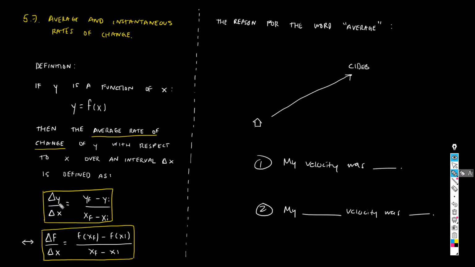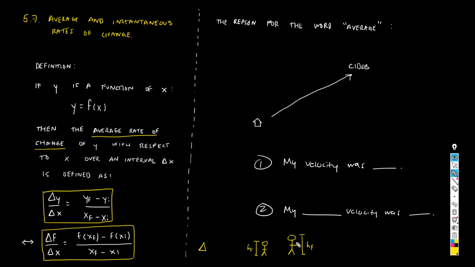First, let me explain what this symbol means. This little triangle is a Greek letter called delta. I believe you know it by now. The way this letter is used in mathematics is to express a change. For example, suppose a little kid grows over, say, 3 years from an initial height to a final height.